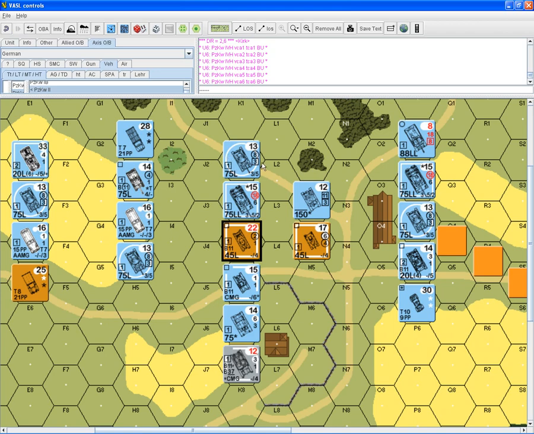The circle or square on the counter represents whether that is a slow traverse, fast traverse, or restricted traverse turret. If it does not have a circle or square, that means it does not have an upper turret, which cannot rotate off its main front facing.